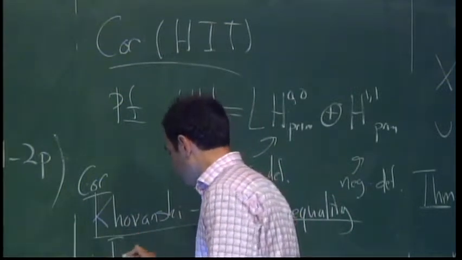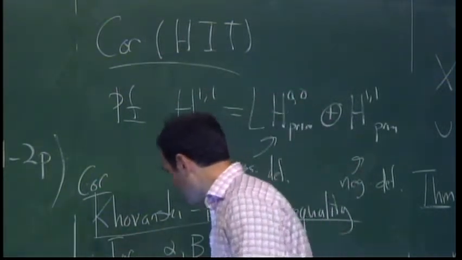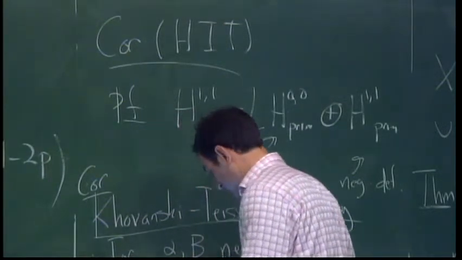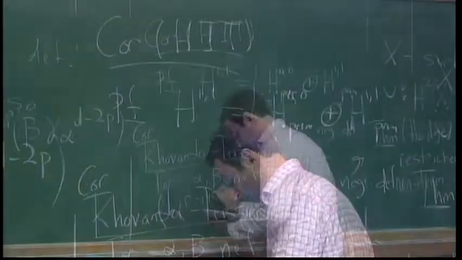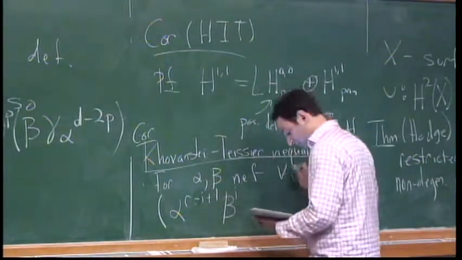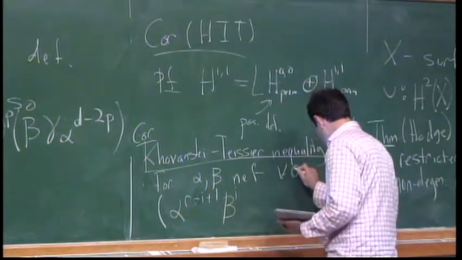And it says for alpha and beta Neff, we have the following inequality.